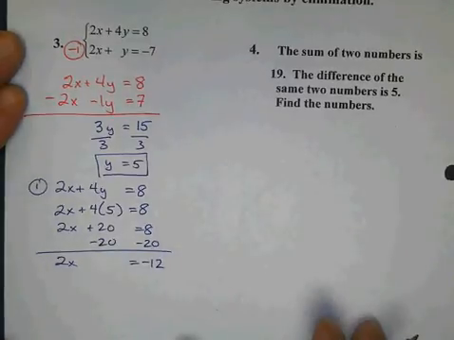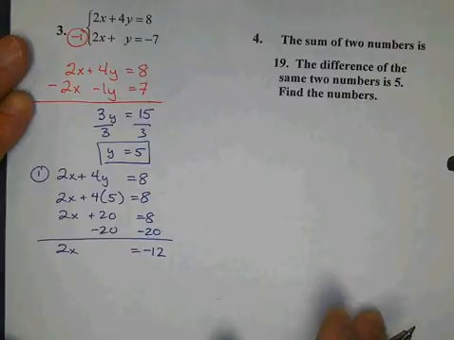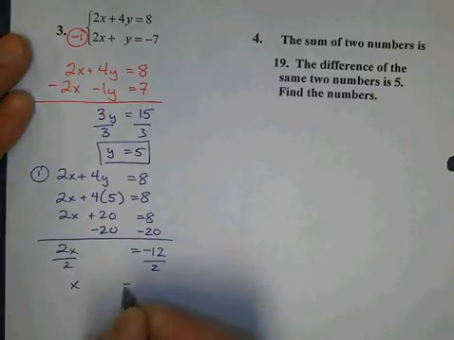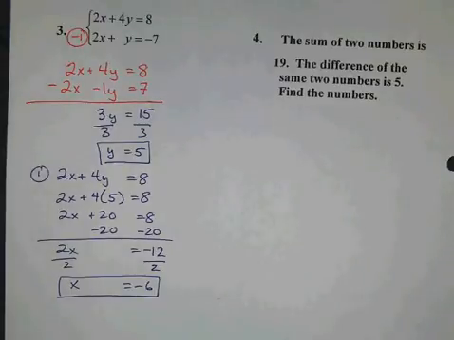Noah, from there? Yep. And now what? Divide both by 2. X equals negative 6. I have my answer. Is it right? It might be. It might not be.